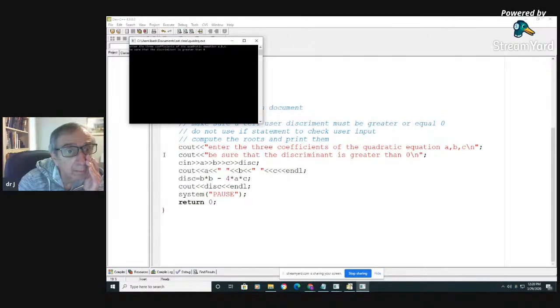Enter the 3 coefficients. Didn't I just do that? I'll do it again. 1, minus 1, and minus 2. Doesn't seem to be working. Doesn't even want to echo it.